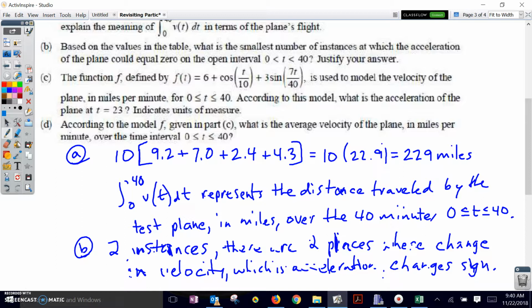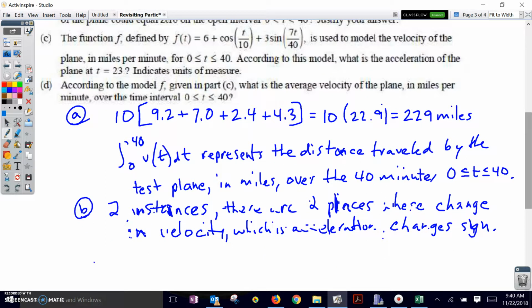Alright, part C. The function f defined by f of t equals 6 plus cosine of t over 10 plus 3 sine of quantity 7t over 40 is used to model the velocity. According to this model, what is the acceleration of the plane at t equals 23? So all we're looking for in part C, and remember now this is a calculator section, all we're looking for here is f prime of 23.